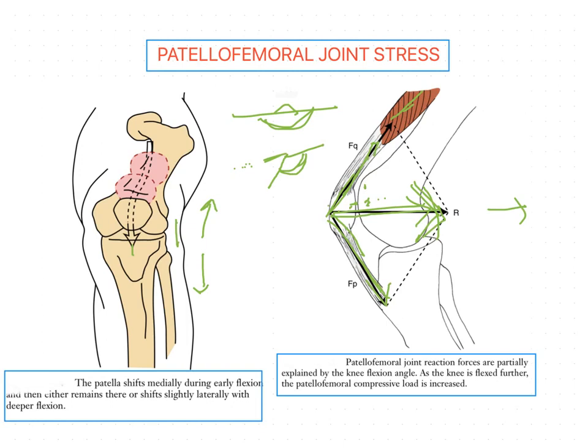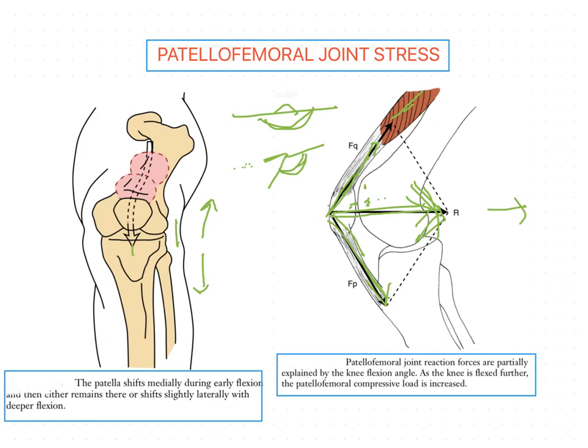So if the quadriceps muscle is inactive, then the elastic tension also increases with increased knee flexion. So what will happen here? If the quadriceps muscle is not working, still what is going to happen?